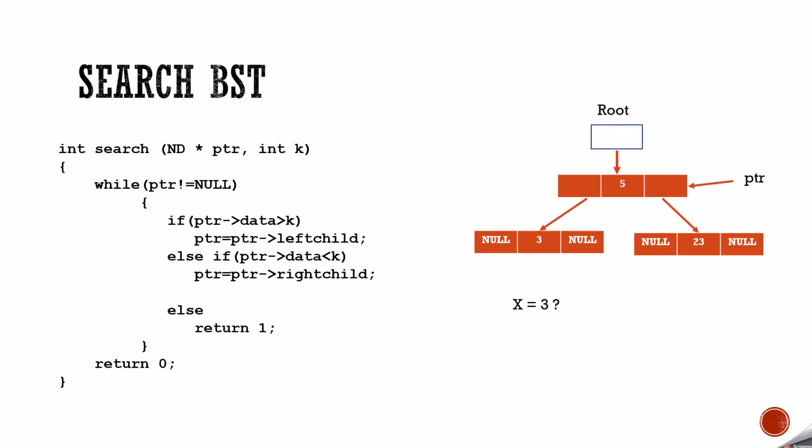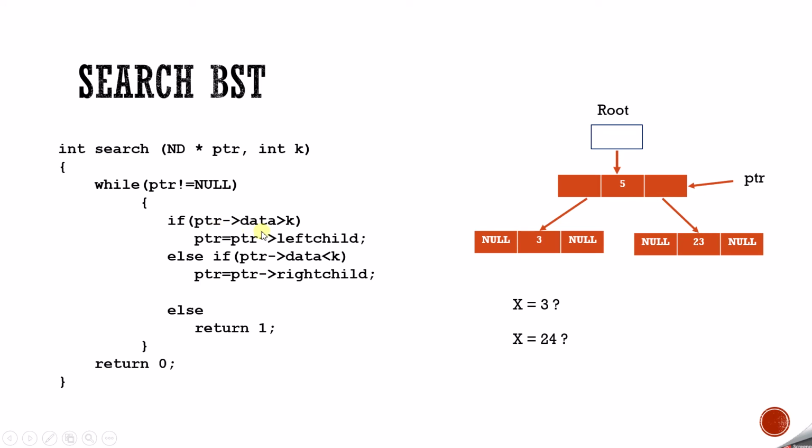Now see one more example where my search is unsuccessful. So 24. Again it will start with the root address, the starting node, and the value k is actually 24. At the very beginning, PTR is pointing to the first node, or root node, so it is not null, and it will check.